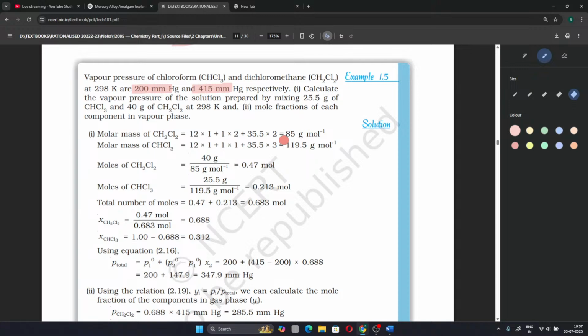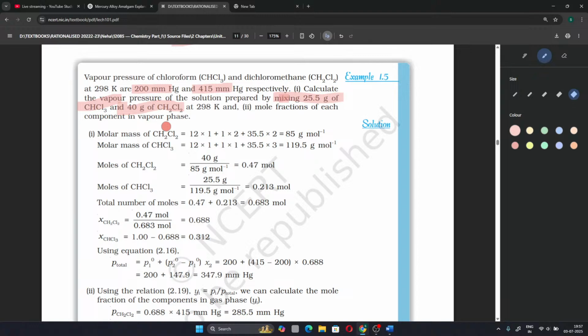Raoult's law states that partial pressure equals P naught times the mole fraction, and they gave the amount of substance and the molecular formula of chloroform, and the amount of substance and the molecular formula of dichloromethane. With this we can find the number of moles, and from that the mole fraction of each of these.